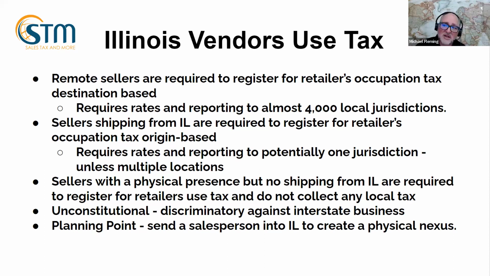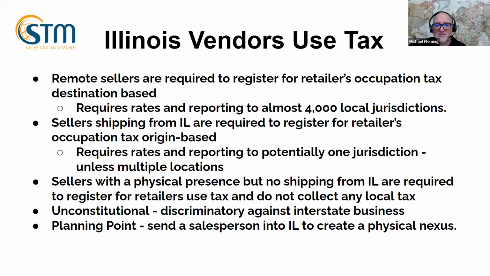Now, if you're a seller shipping from Illinois, you're required to register for the retailer's occupation tax, same as the remote seller. But now, since you're shipping from Illinois, you have a location in Illinois from which you ship, you are origin based. So remember I said that 4-prong test?